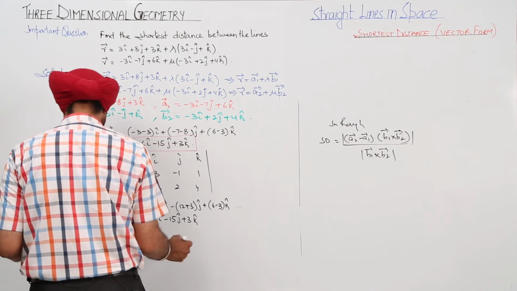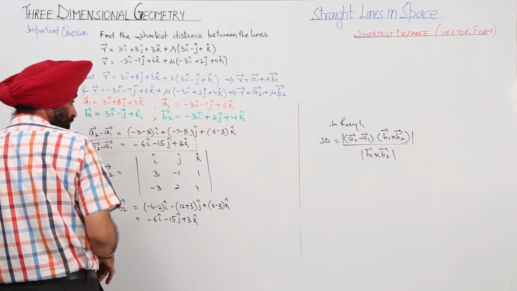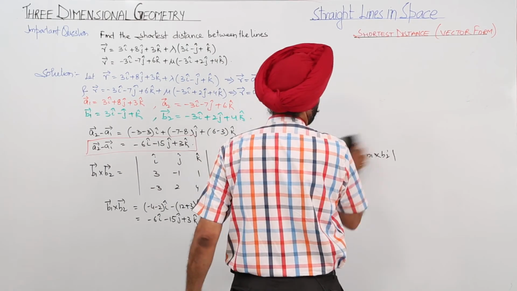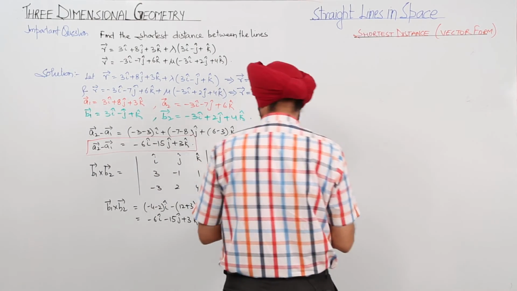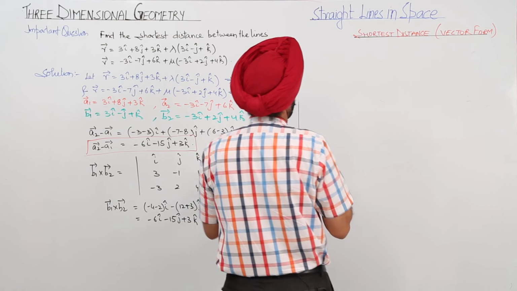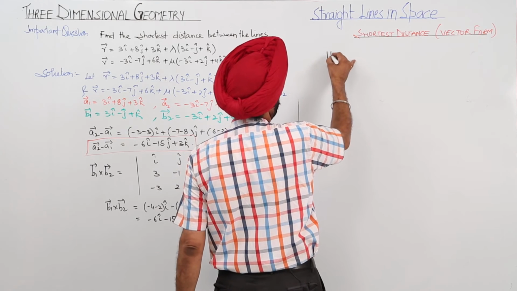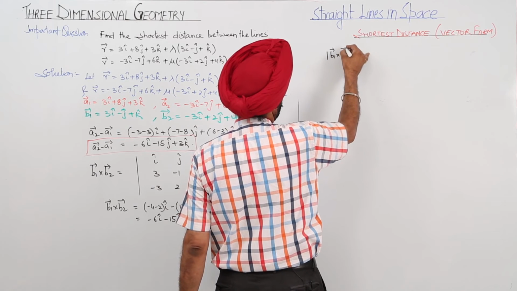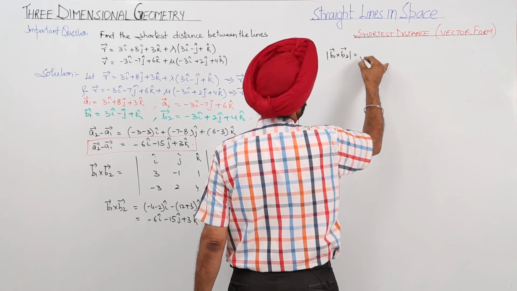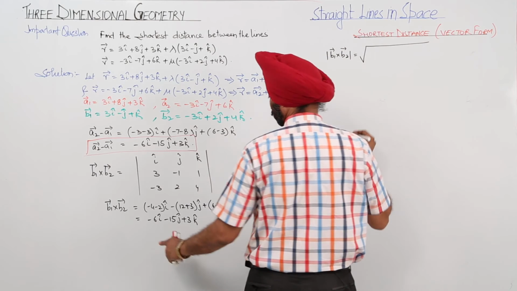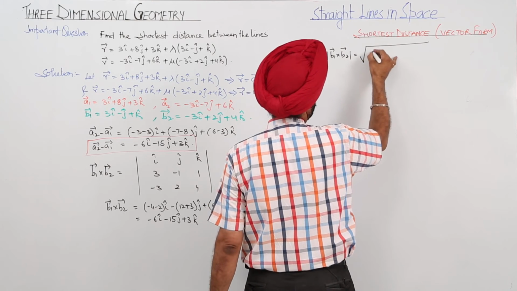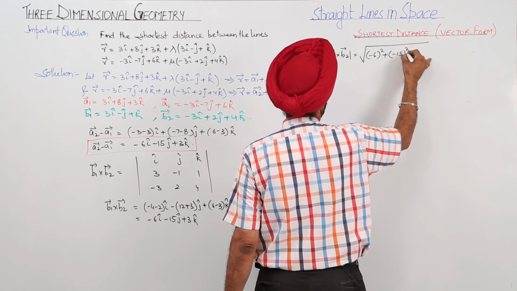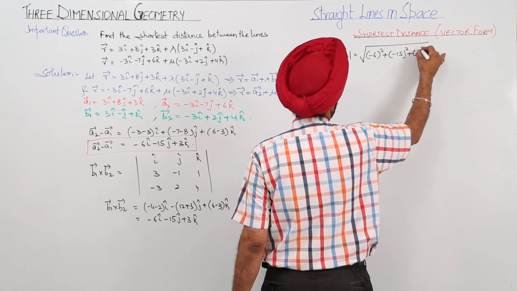Now magnitude for the cross product of b1 cross b2 is equal to square root of negative 6 square plus negative 15 square plus 3 square.